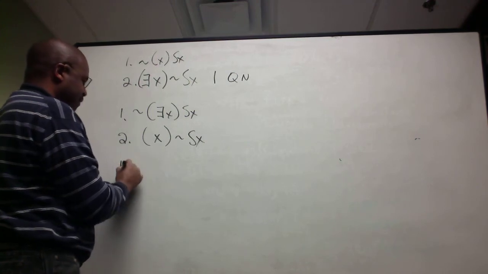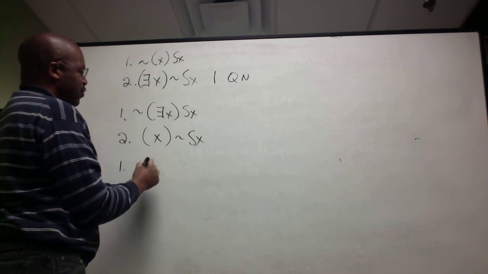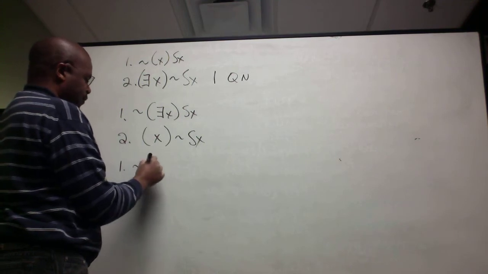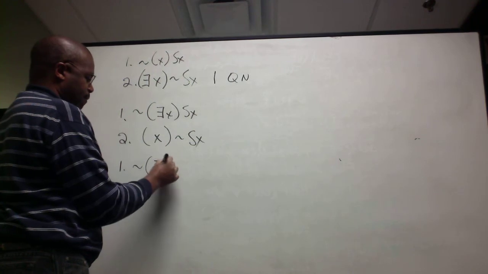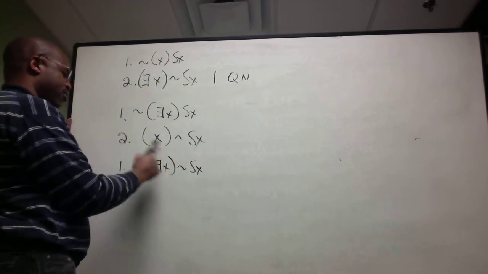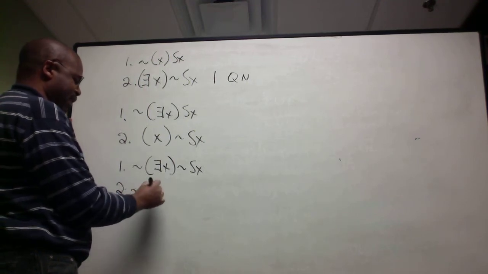Actually, you have two more instances. Let's assume that you had something like this. And you brought the quantifier negation over here, and the quantifier over here, so that you ended up with that.